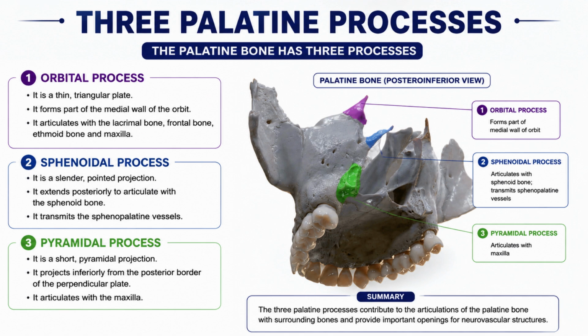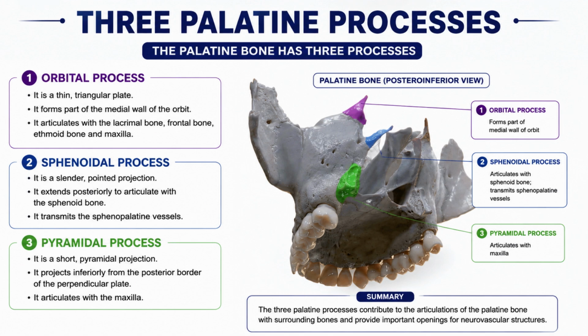Then the pyramidal process. It projects downwards from the junction of two plates. See, it is at the junction of the horizontal and the vertical plates. Its inferior surface is pierced by the lesser palatine foramina.